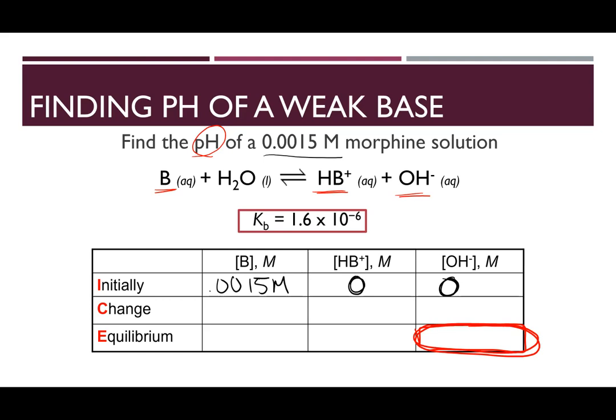If they were 0 to begin with, there's only one direction for them to go, and that's up. So the change is going to be x and x. And the change for our base is going to go down. There's only one direction. So at equilibrium, we've got 0.0015 minus x, x, and x.